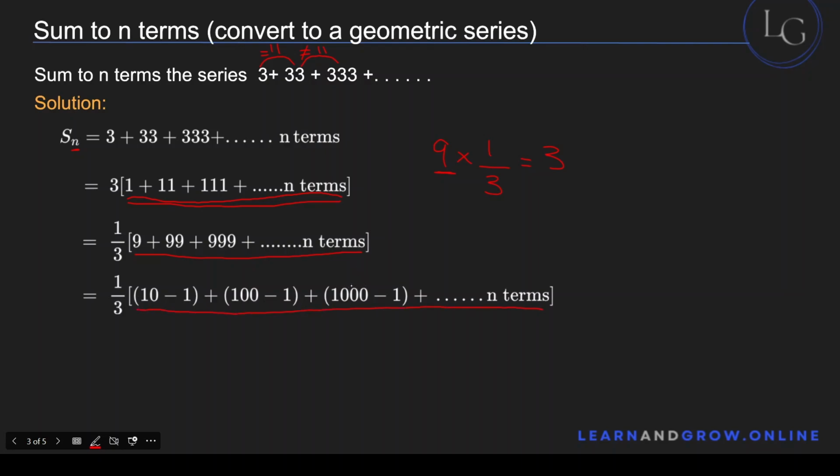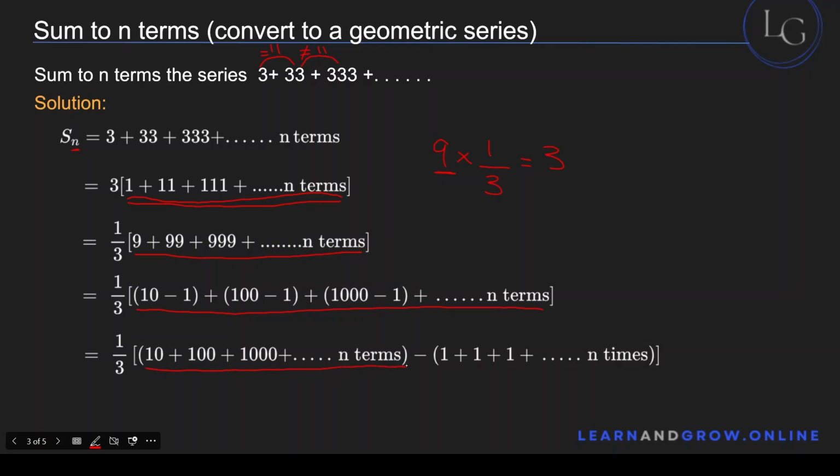Now it may be confusing why we have done this, but bear with me, because now we can distribute this series into two different series. This series, in which we take the terms with 10 to the power, so basically this 10, 100, 1000, 10,000 and so forth, into one term, and we basically write down the ones in another series.